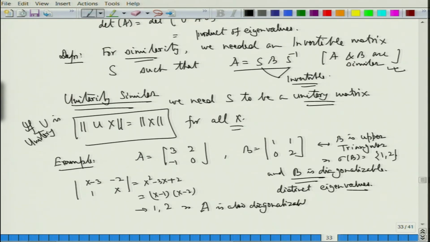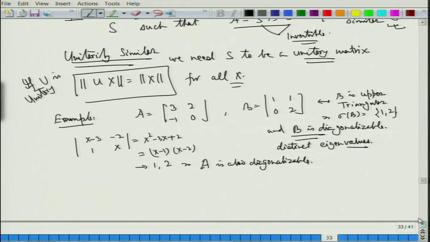So, what we have is, for A I will get a matrix P1 such that P1 inverse A P1 will be equal to the diagonal matrix 1 0 0 2.